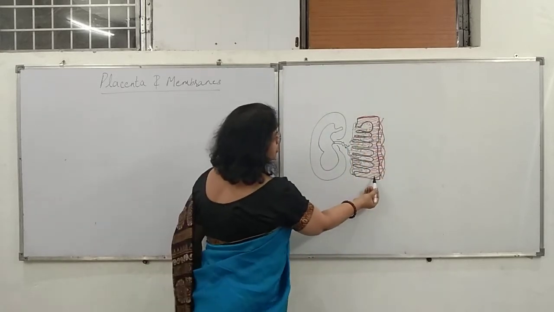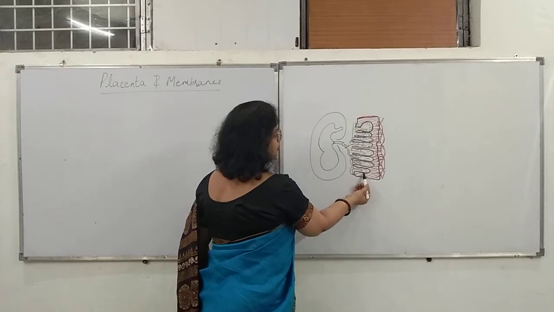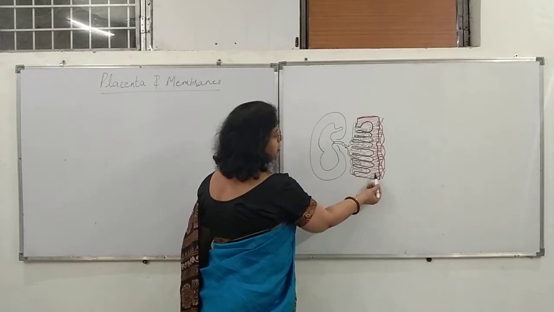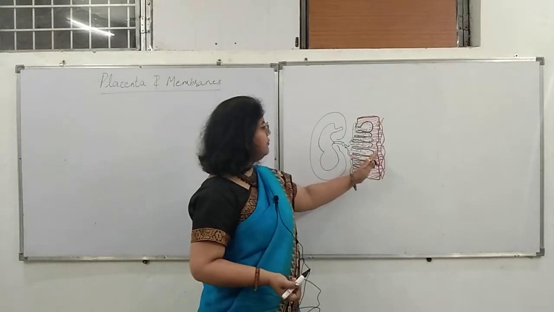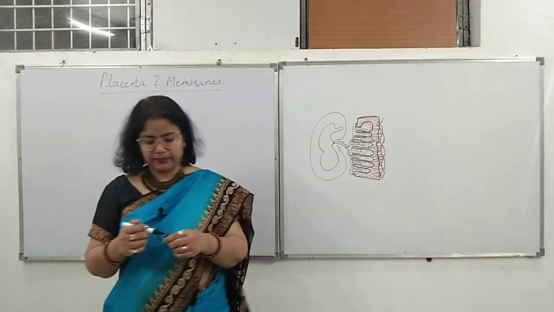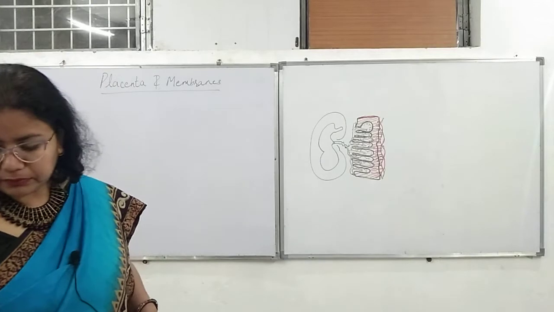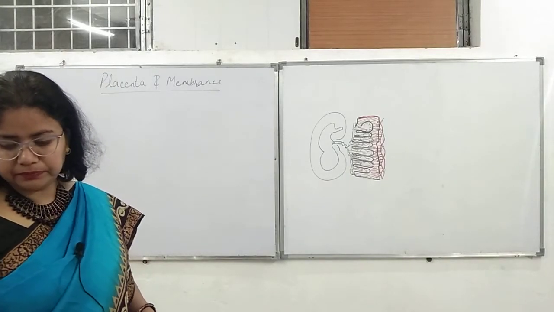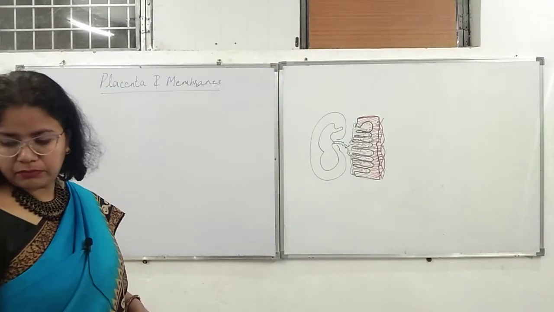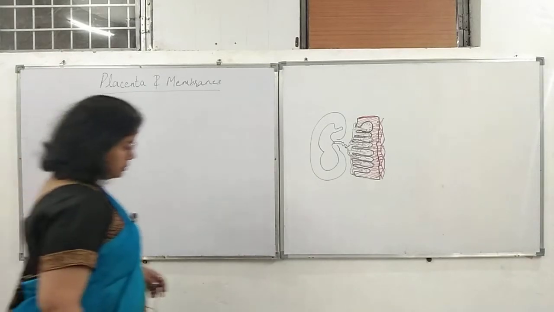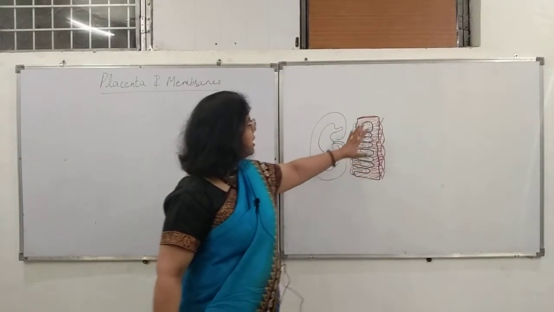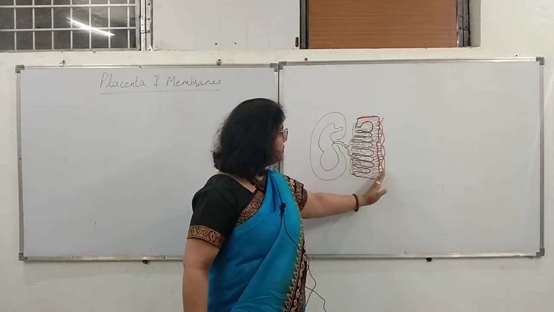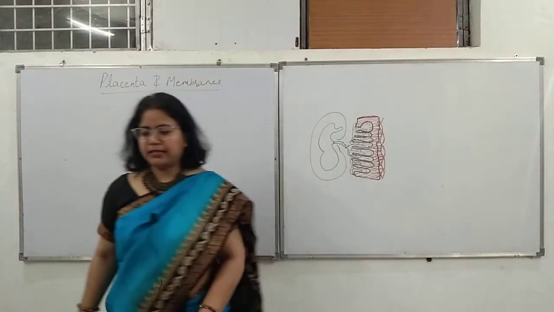So maternal blood and the trophoblastic tissue are in direct contact with each other. But maternal and fetal blood do not mix. Now the next part: this part is the chorionic plate, and here it is the basal plate of the placenta.